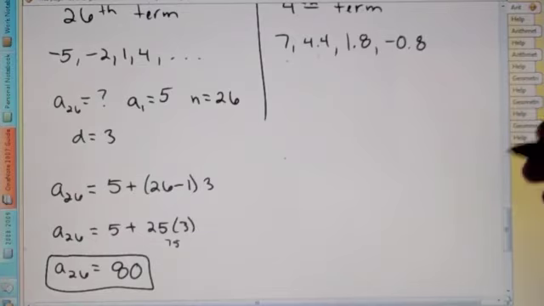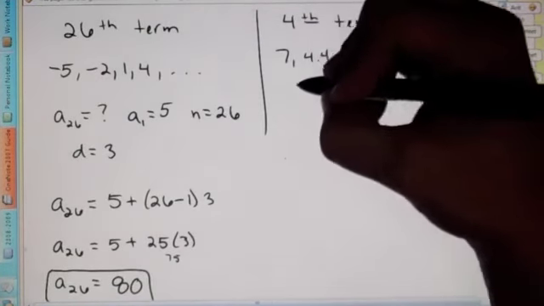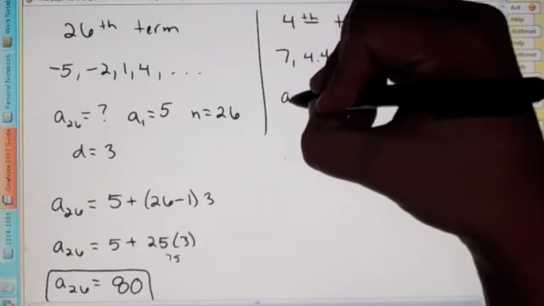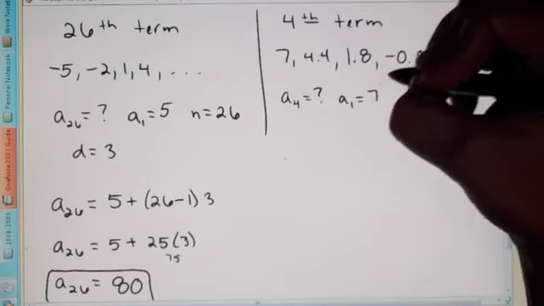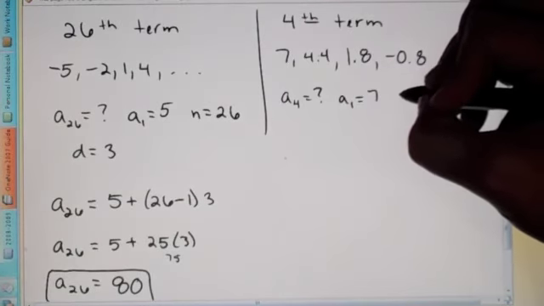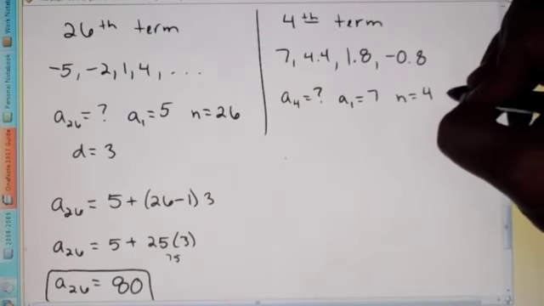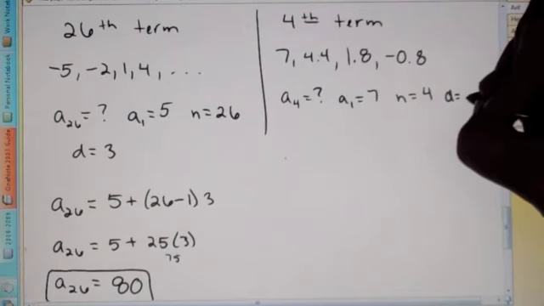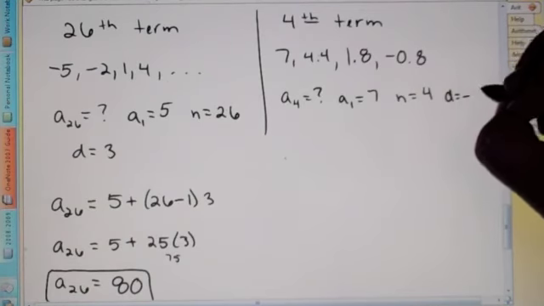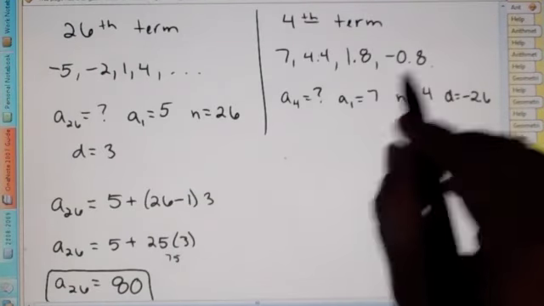Let's do that over here. We're trying to look for our fourth term. So we have a sub 4, which we don't know. a sub 1 we do know, it's 7. We know n, the number of terms, is 4. And our difference, in this case, keeps subtracting, or adding a negative 2.6. It keeps going down by 2.6.